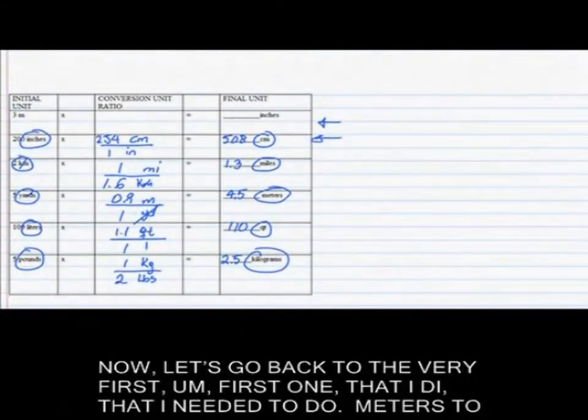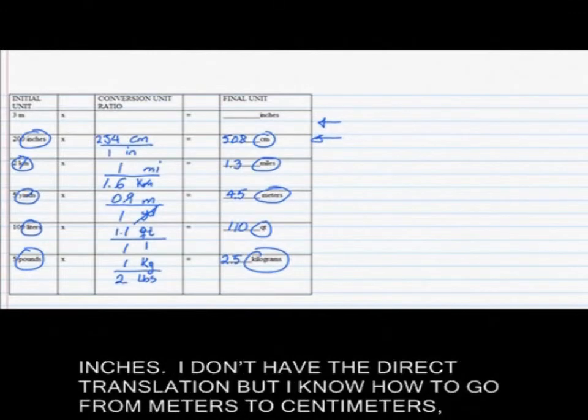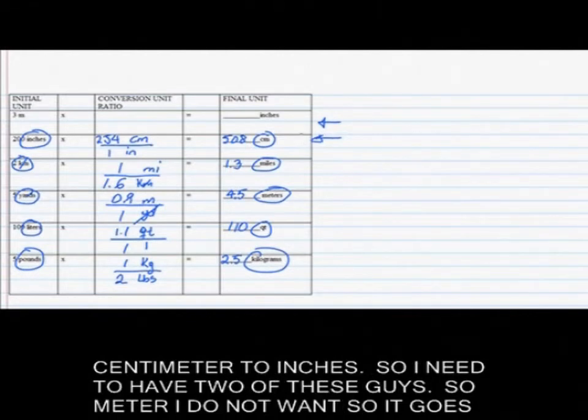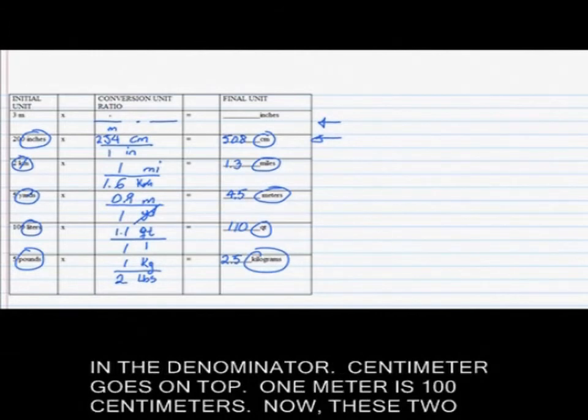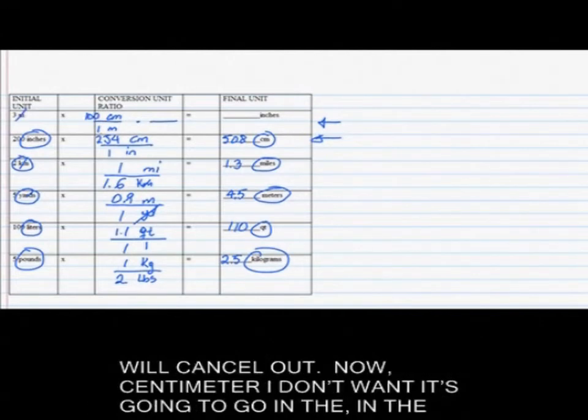Now let's go back to the very first one that I needed to do. Meters to inches. I don't have the direct translation, but I know how to go from meters to centimeters, and centimeters to inches. So I need to have 2 of these ratios. Meter I do not want, so it goes in the denominator. Centimeter goes on top. 1 meter is 100 centimeters. Now these 2 will cancel out.